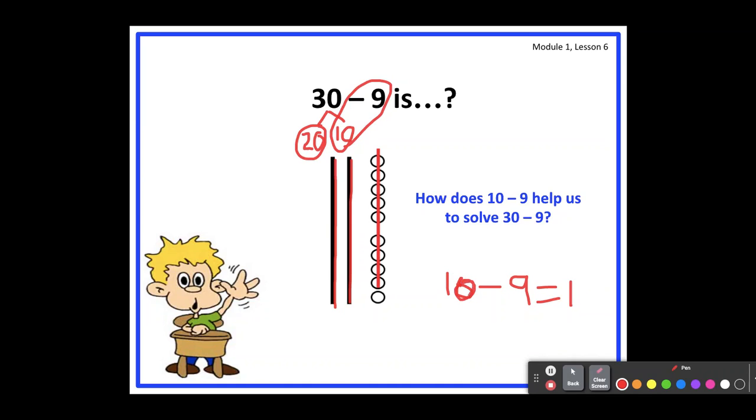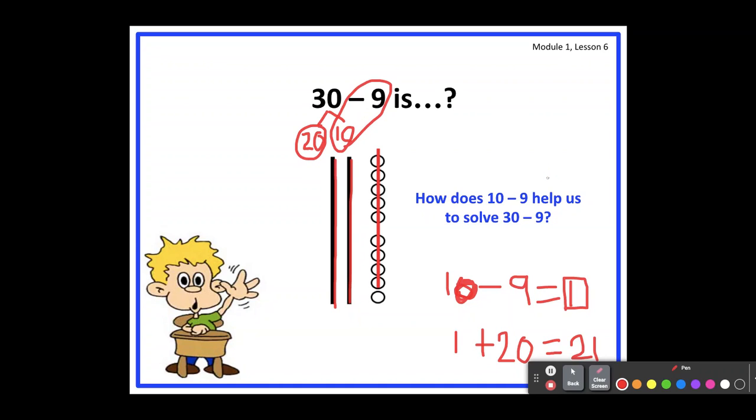It should be a 0. Then bring this number over, bring it down, and add the other number part, which is a 20. 1 plus 20, we can mentally add. It equals 21.